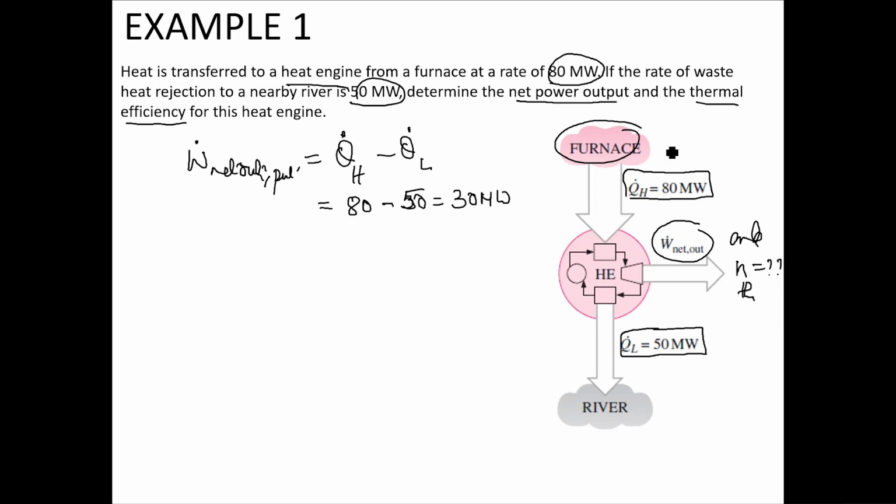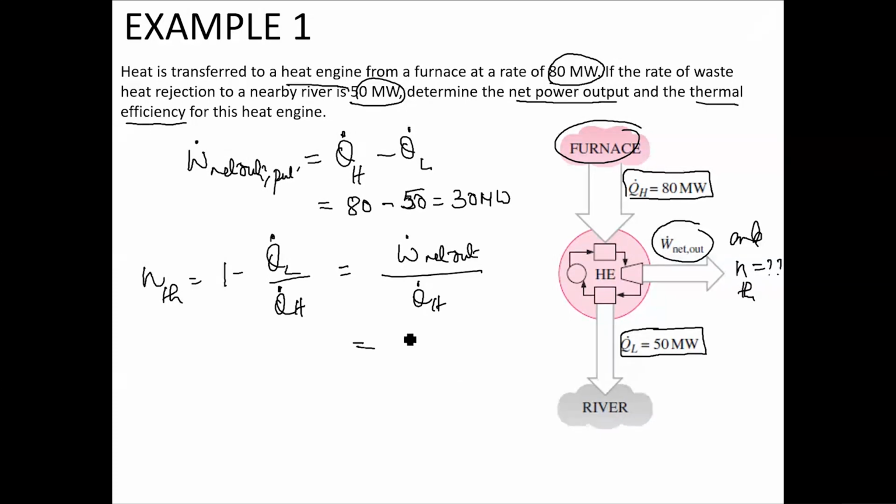Simple enough. The thermal efficiency, eta TH, is defined as 1 minus Q dot L over Q dot H, or you could also find it as W dot net out over Q dot H. W dot net out is essentially 30 megawatt, and Q dot H is 80 megawatt.